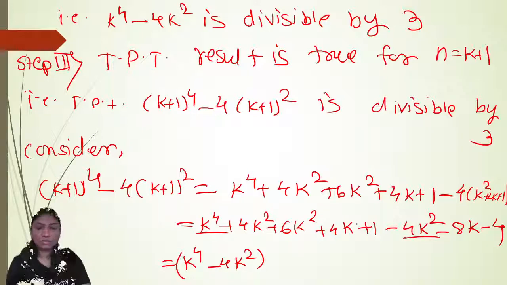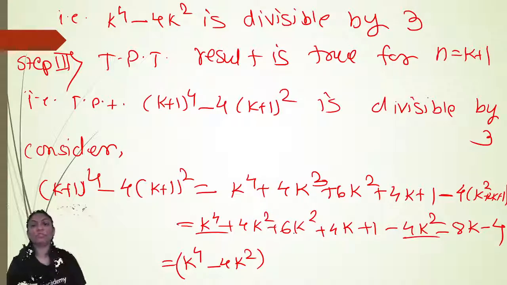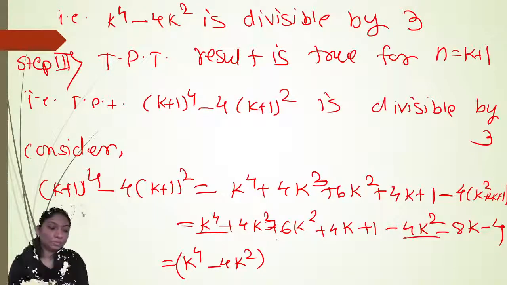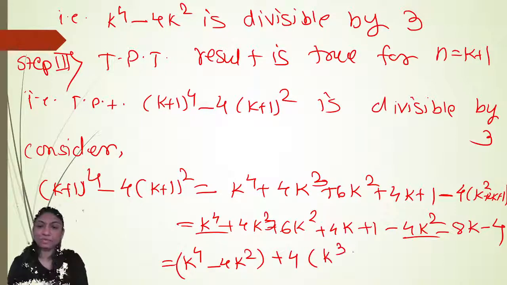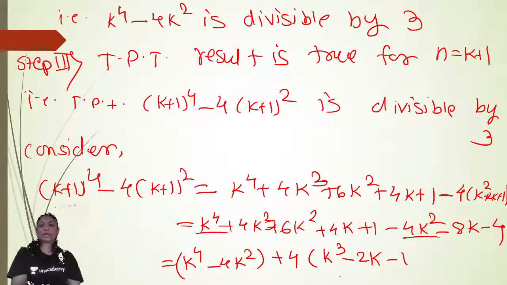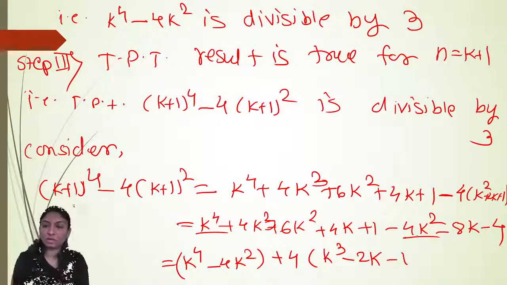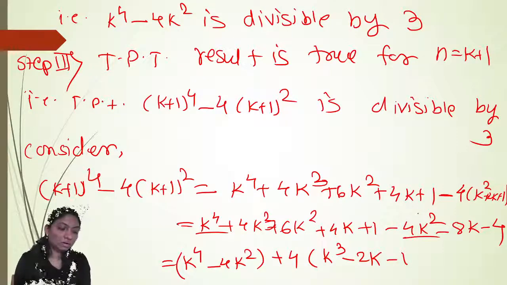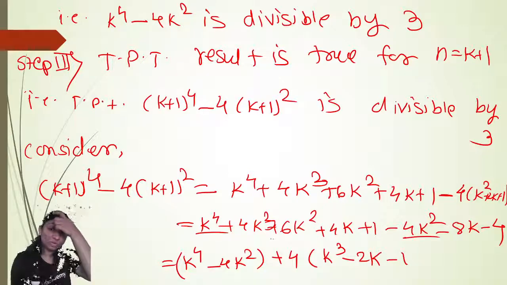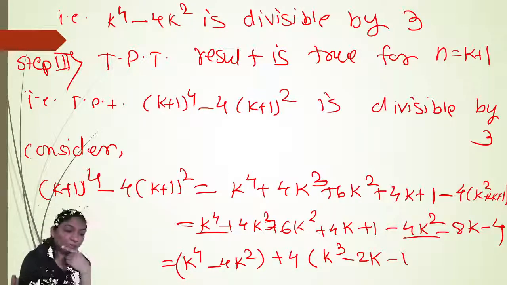So you will get here 4k cube, so plus 4 into bracket k cube plus 6k square minus 4k minus 3. Collecting terms: k raised to 4 minus 4k square plus 4k cube plus 6k square plus 4k plus 1 plus 4k square minus 8k plus 1.